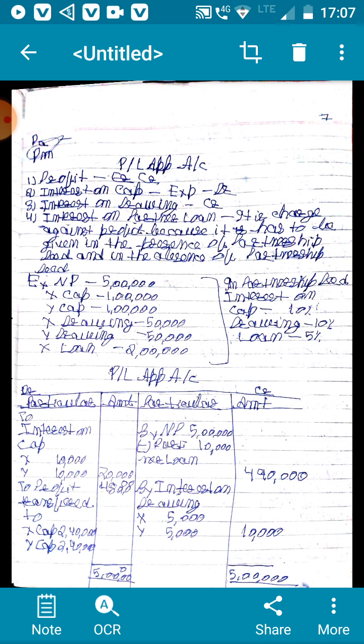So we are left with the profit. We have subtracted the interest on partner's loan, which is 10,000, from the net profit. So now understand, the profit is 4 lakh 90,000, and we have to subtract interest on capital for both the partners, which is equal to 20,000.